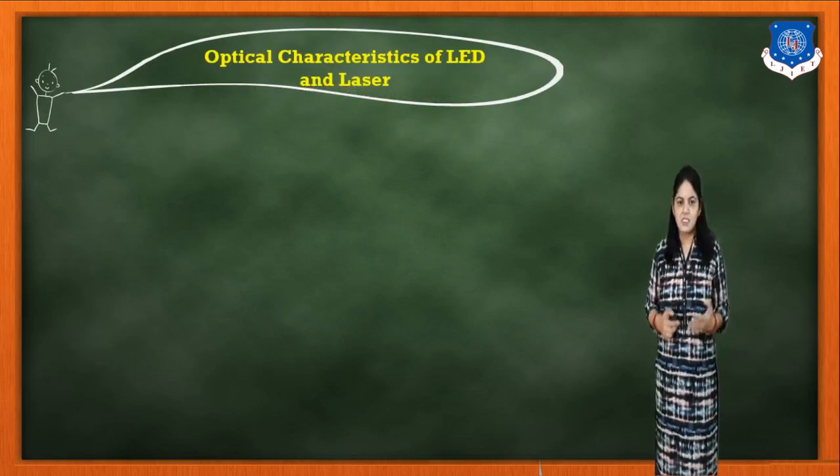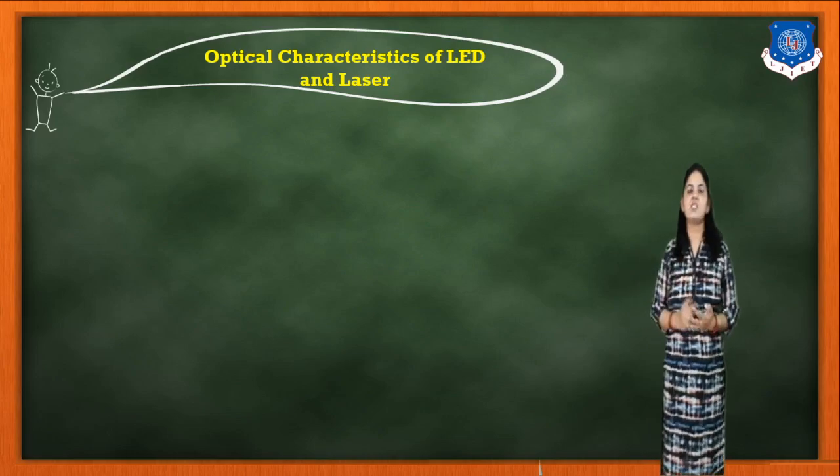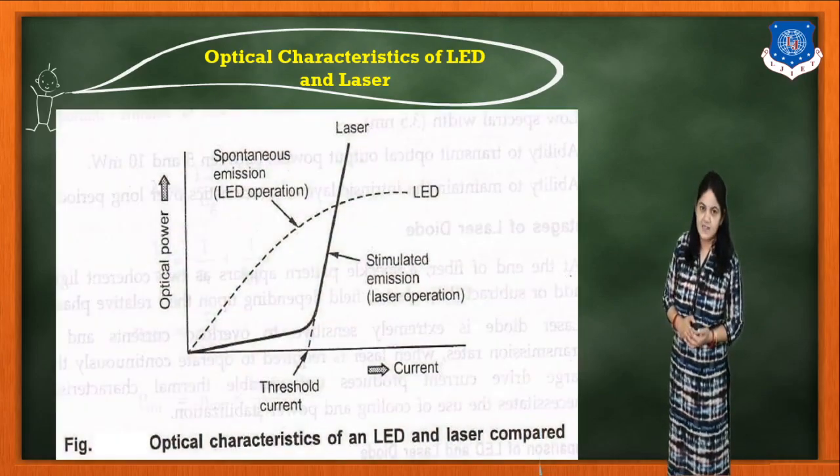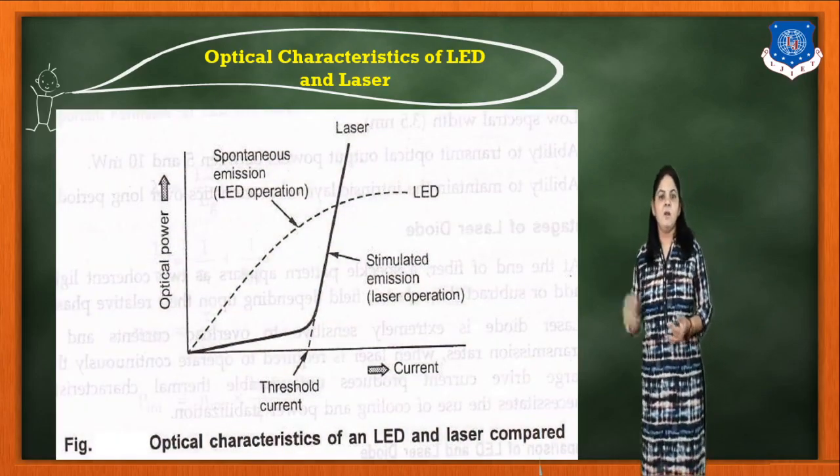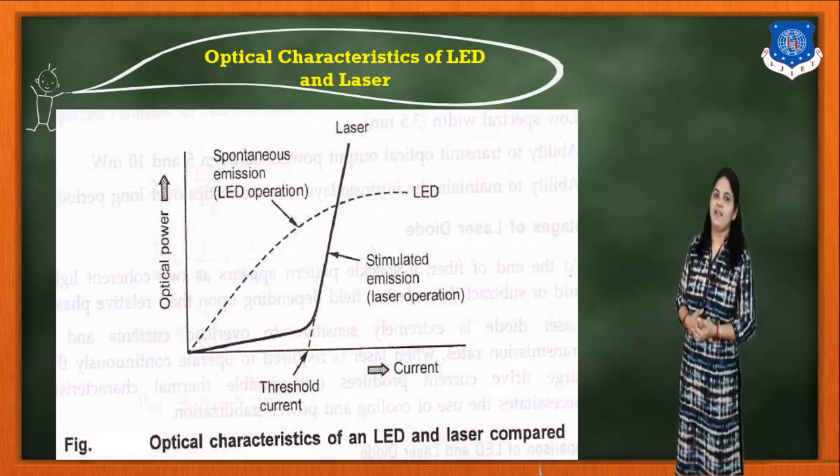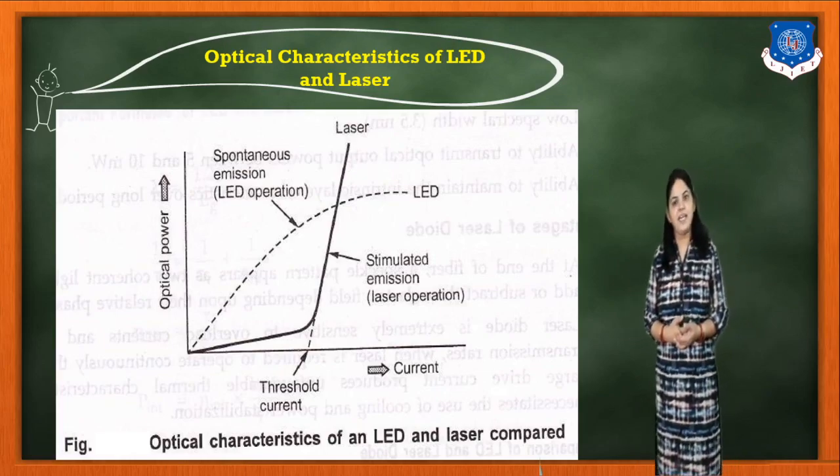Now the next is the optical characteristics of the LED and the laser. Here in the diagram, the characteristics of an LED are given in comparison with the laser.